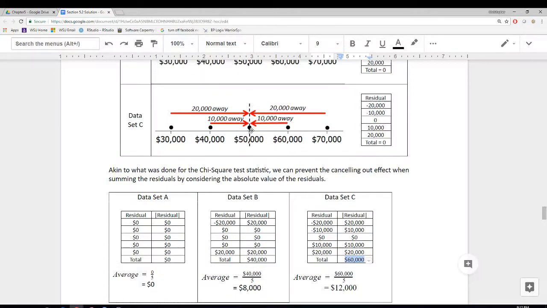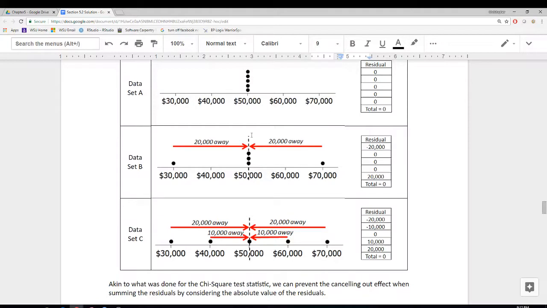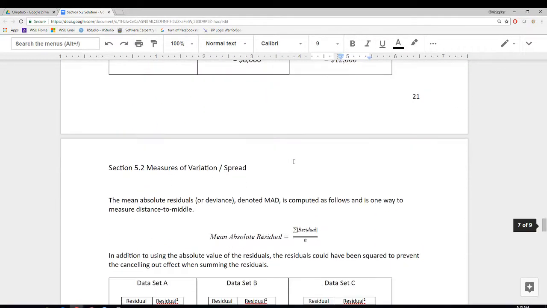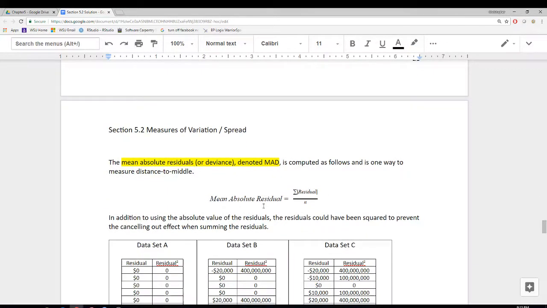So using that approach, we can see that data set C tends to have more spread or more variation than data set B, and certainly both of those have more variation than data set A. Now that measure that we just talked about is the mean absolute deviance, or the MAD value. That's one acceptable measure of spread that we statisticians use, and it's based on taking the absolute residual value, or the absolute deviance value.